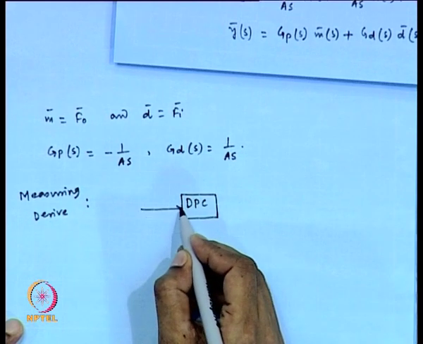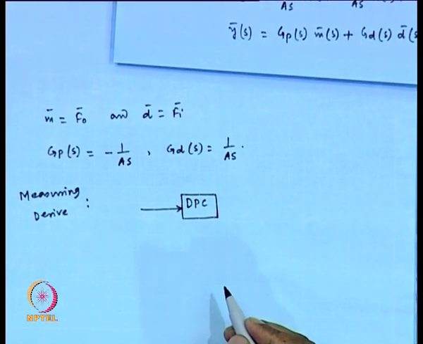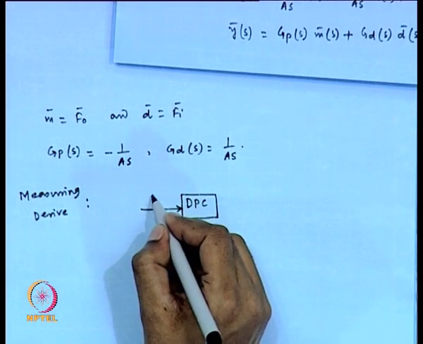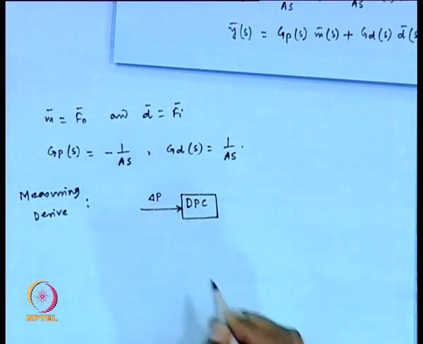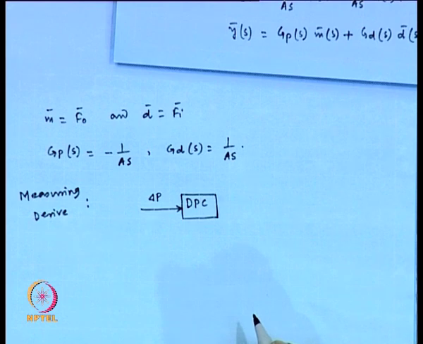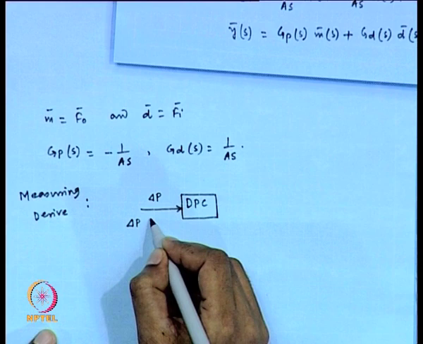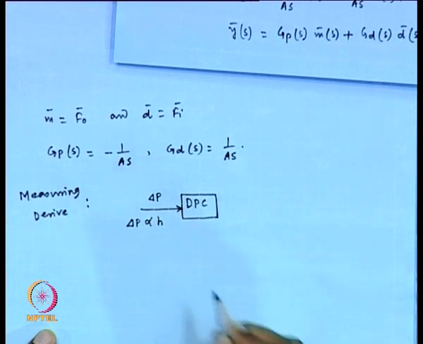Input is the pressure difference ΔP, and we can consider ΔP proportional to liquid height.